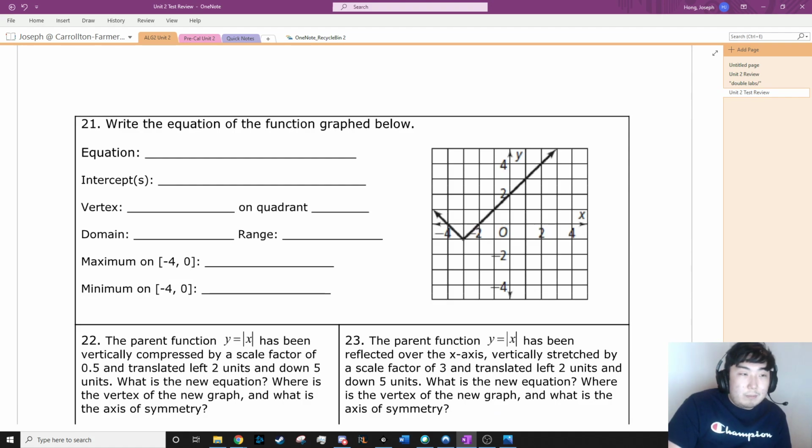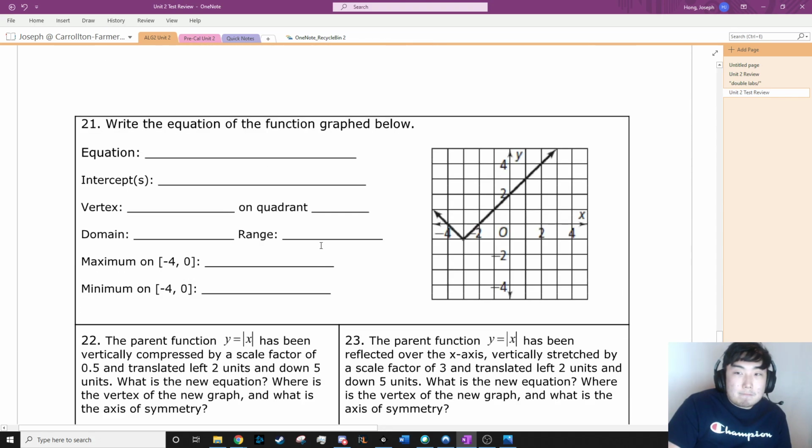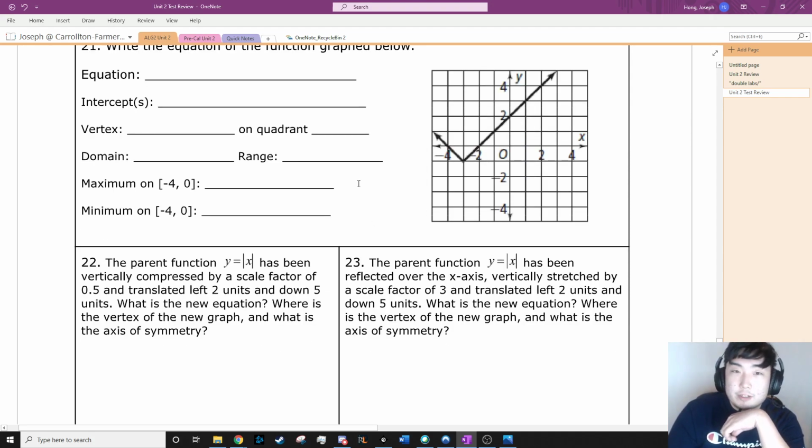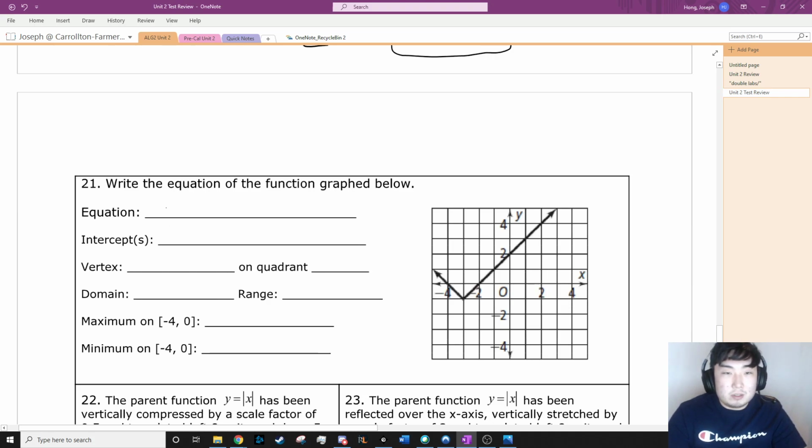So this is kind of like more practice. 21 I'm not going to do because this is the exact same kind of question, just different numbers. I'll write down the answers. You can pause the video if you want to try this by yourself. But I'm going to write the answers in 5, 4, 3, 2, 1. Okay. So the equation is y equals absolute value of x plus 3 minus 1.